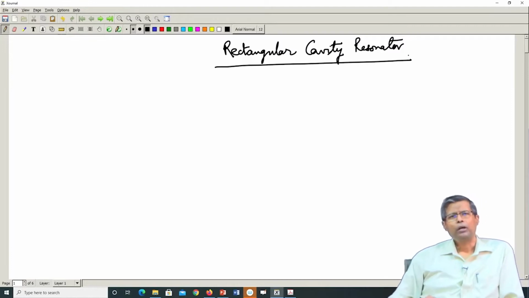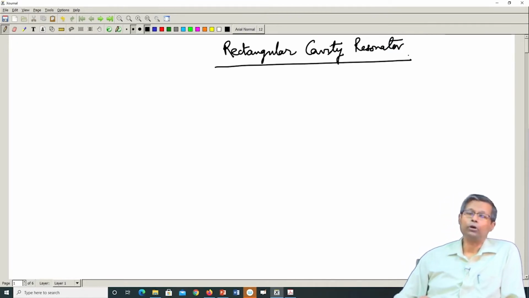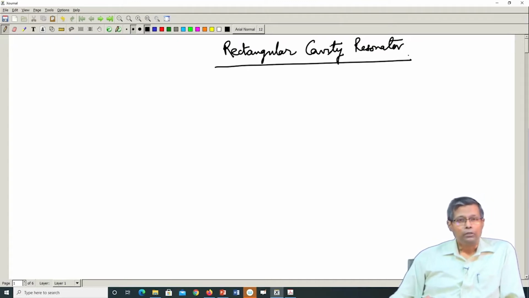Thereby we can find the potential functions of this new structure, and from them we can derive the modes of the cavity. So, the first thing to understand is what are the TEz and the TMz mode potential functions for the cavity.